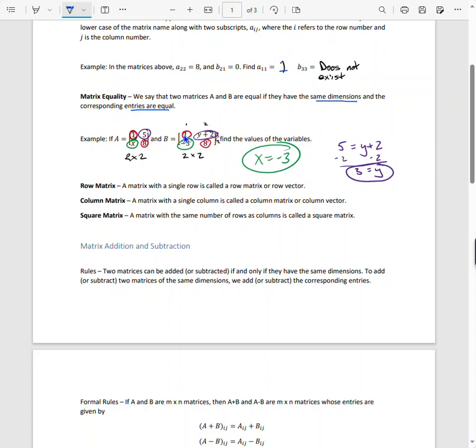B is the matrix 1, y plus 2, second row, -3, 8. We want to find the values of the variables. Well, the first thing we check is that A is 2 rows and 2 columns, and B is 2 rows and 2 columns. So these are both 2 by 2 matrices, so I know they have the same dimensions.